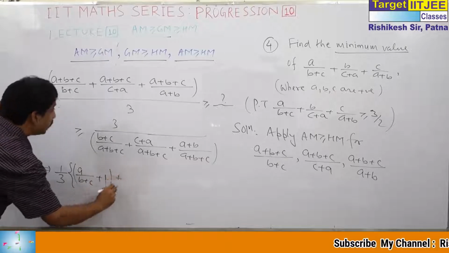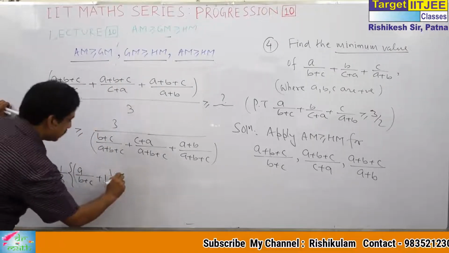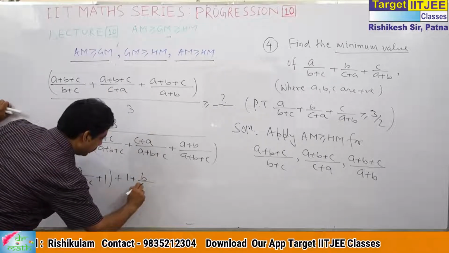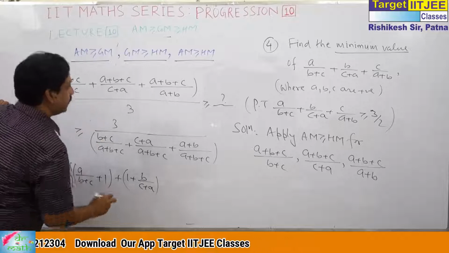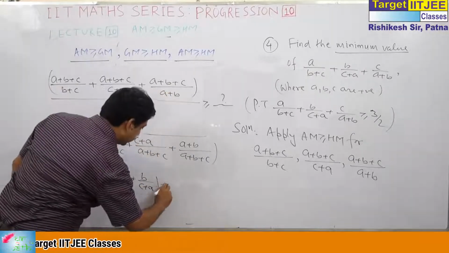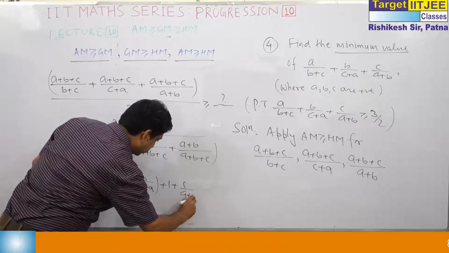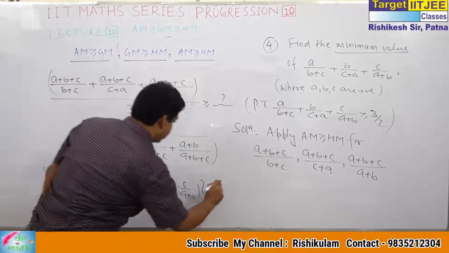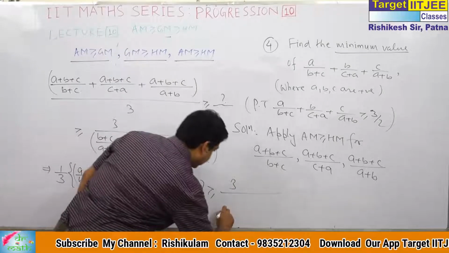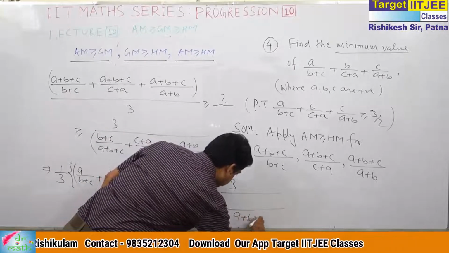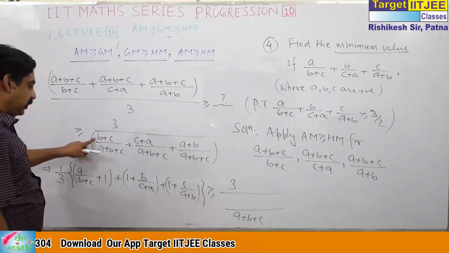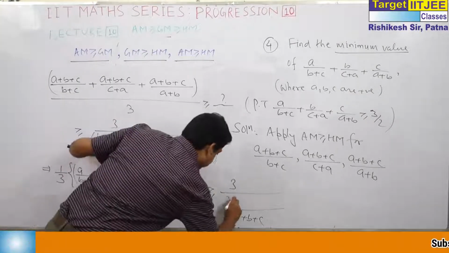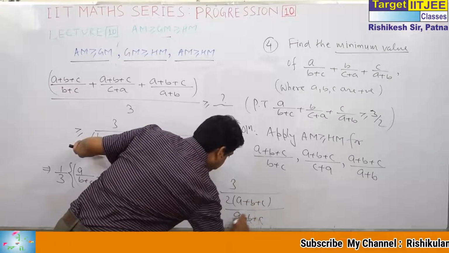Now, when divided, this is 1 plus B by C plus A, and finally A plus B by A plus B is 1, plus C by A plus B. The denominator A plus B plus C is the same. What do we get in the denominator? 2 times A plus B plus C.